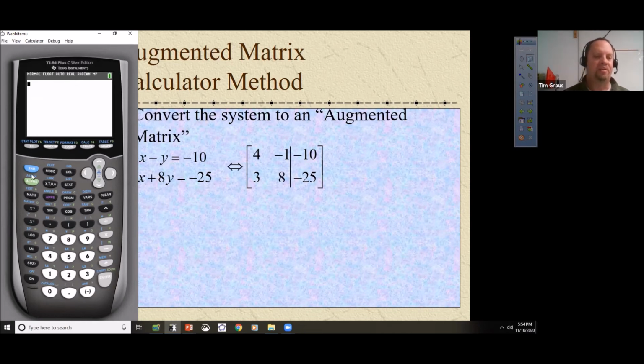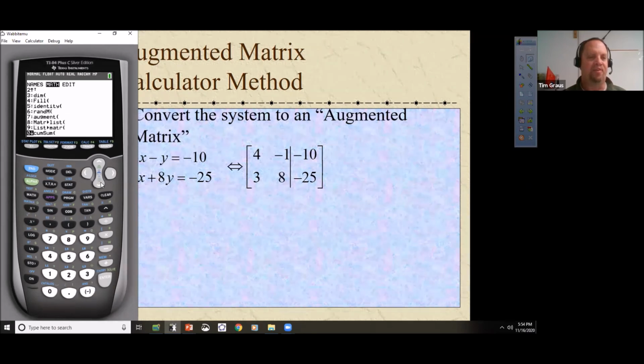Now I have to tell the calculator what to do. Say second matrix, go over to math, work your way down the list until you find RREF, and the calculator is wondering, RREF of what? Second matrix A. Do RREF to matrix A, and the calculator finds that it's 1, 0, -3, 0, 1, -2.